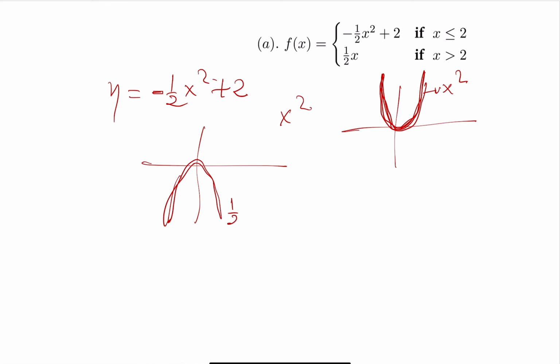So it becomes negative 1/2 x squared. Now plus 2, what does it mean? You go up to 2. Plus 2 means you go up to 2.